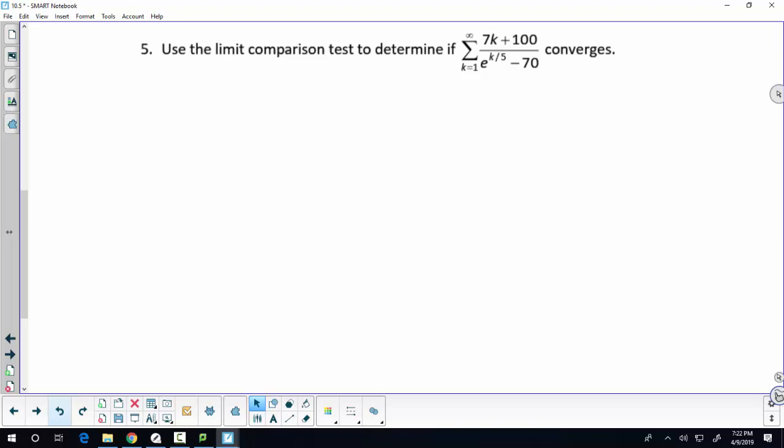That's like a separate part of the problem. Because once you know if this thing converges or diverges, then you can establish the comparison.